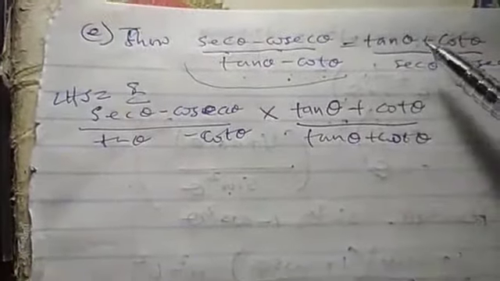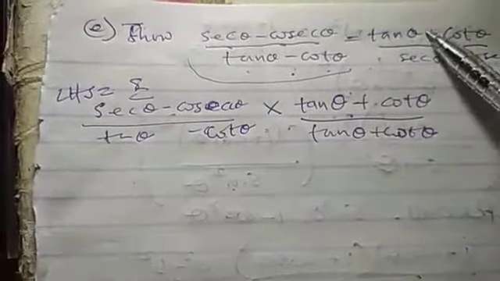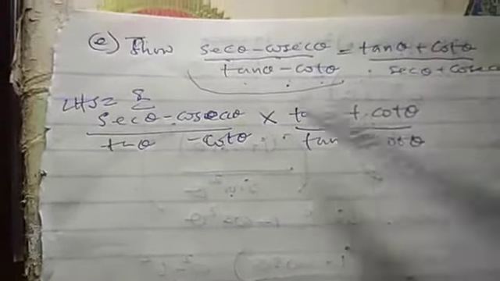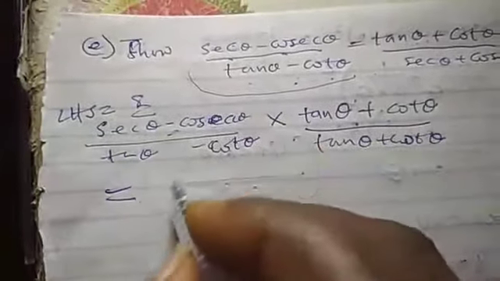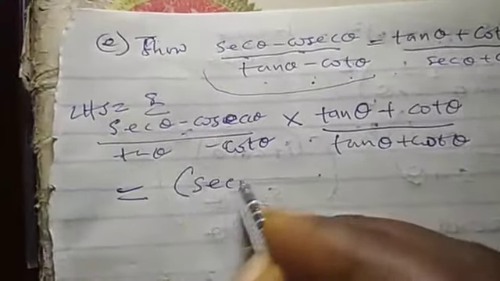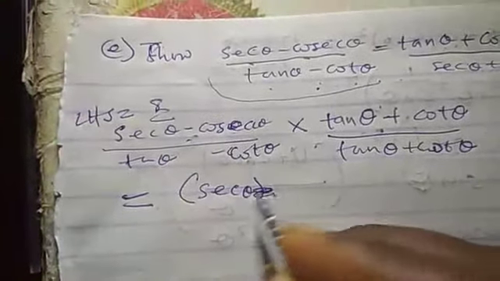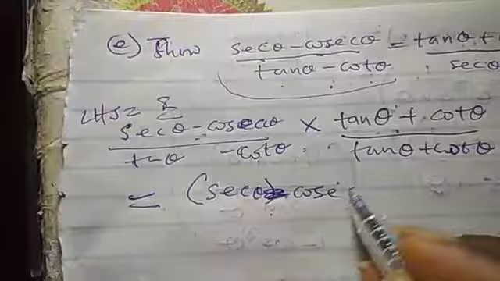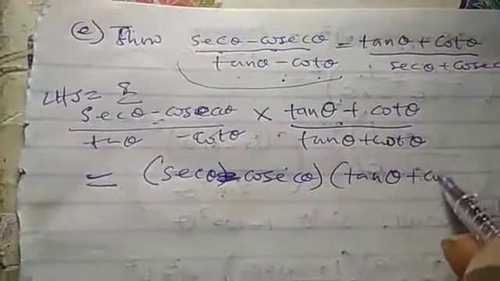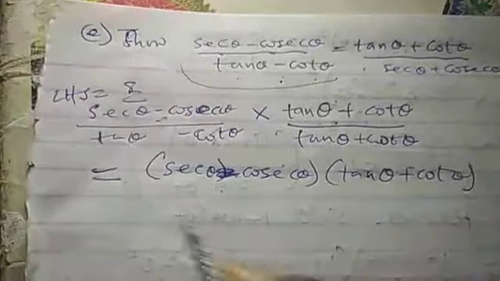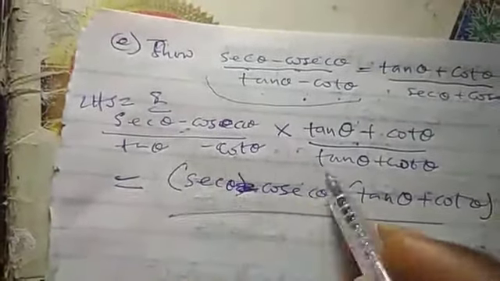So you see that we are coming there one by one. We have our tan theta plus cot theta there already. So we can now expand the denominator. For the numerator, I don't need to expand it. I'll just leave it like that, because what I need is already showing there, which is tan theta plus cot theta. But I can expand the denominator.